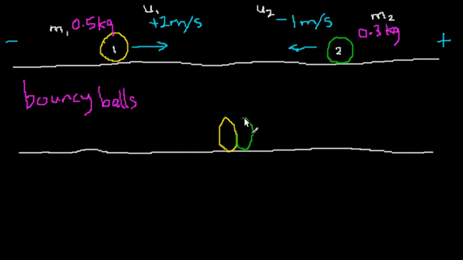All right, and this is why I want to use bouncy balls. I want to emphasize this idea that when they come together, they hit each other. There is this short time in which they stay in contact, in which they become slightly squashed. That's when they have a time of contact.